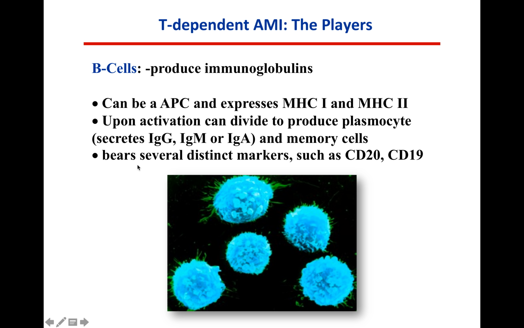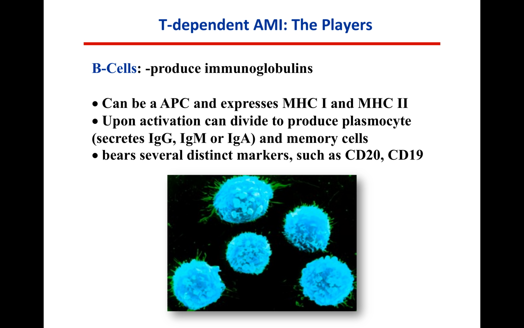They bear several distinct markers, and as you'll see in immunology, markers on the surface are referred to as CD, or cluster of differentiation. That's cluster of differentiation, and they're given a number, and there's actually an organization that does this when a new surface marker has been identified.